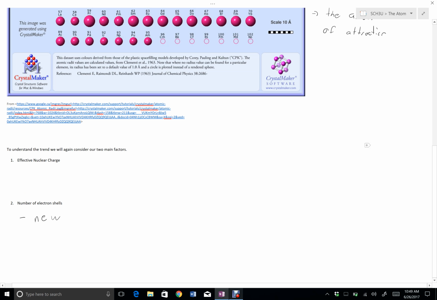So here we say new shells are bigger. So when we go top to bottom, or this way, new shells are bigger, so the atomic radius gets bigger.